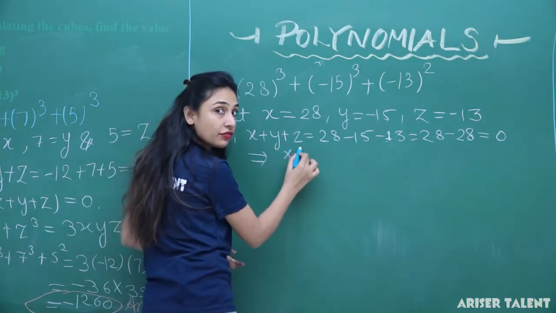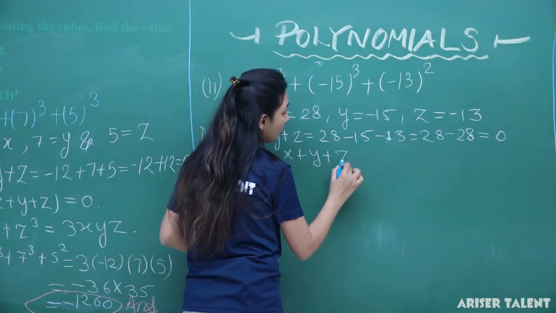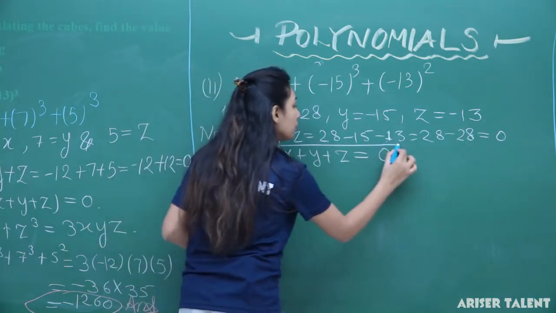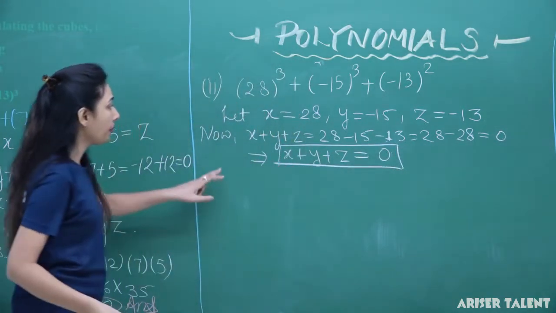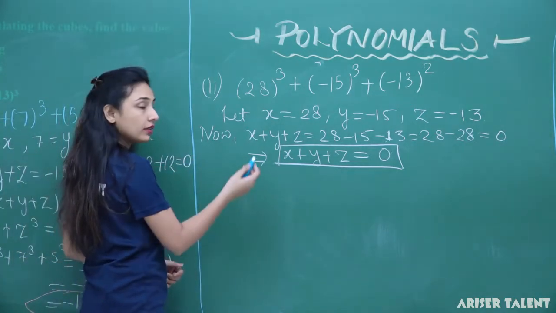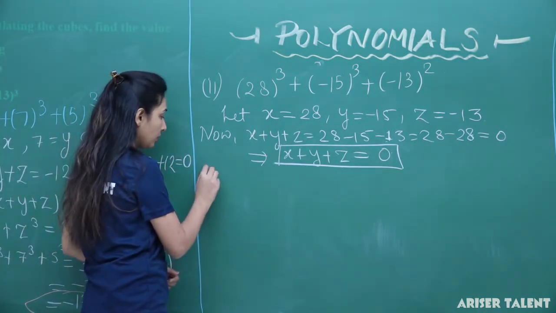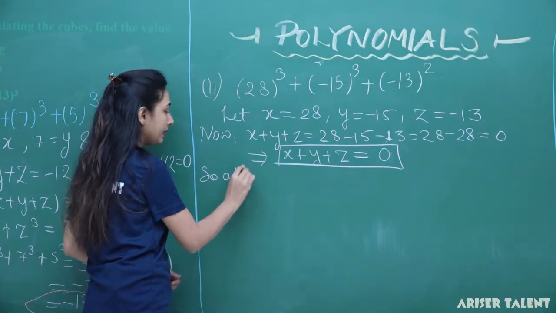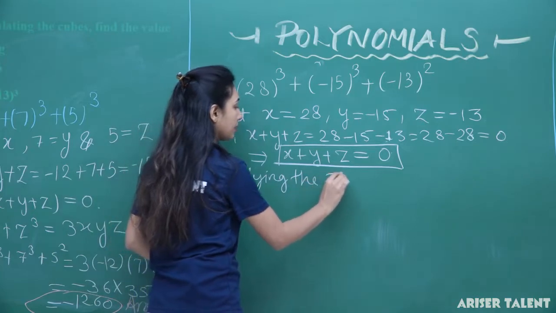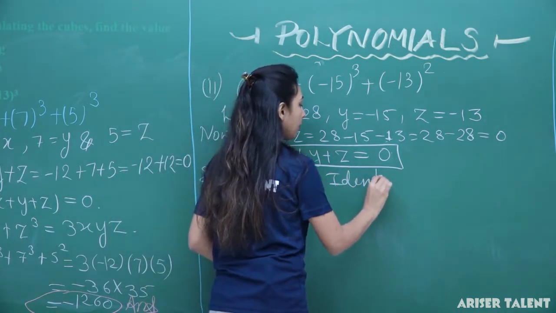That x plus y plus z equals 0. Just don't look at the board, do the calculation yourself. Now, if x plus y plus z equals 0, so applying the identity, which identity?